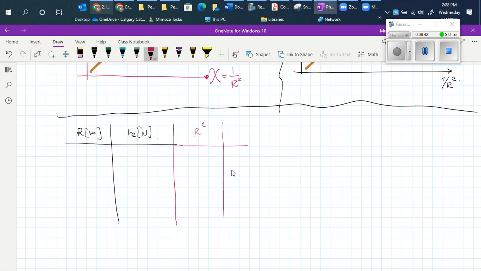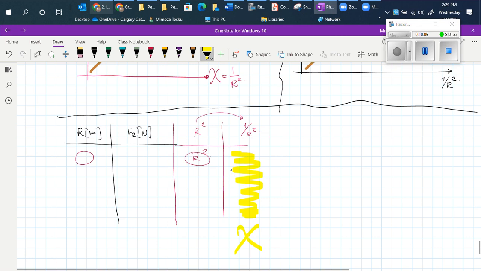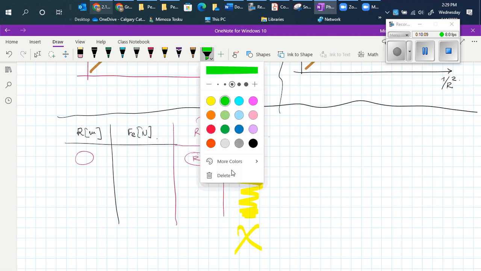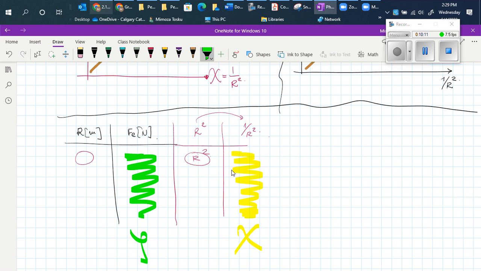You will square the distance values, and then take the inverse of them. Then you will plot those values as x on the horizontal axis, and the force values on the y, or vertical axis, and then you should have a straight line.